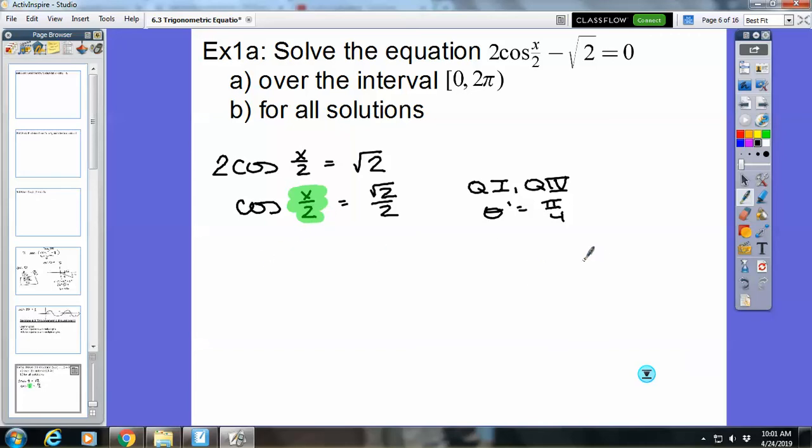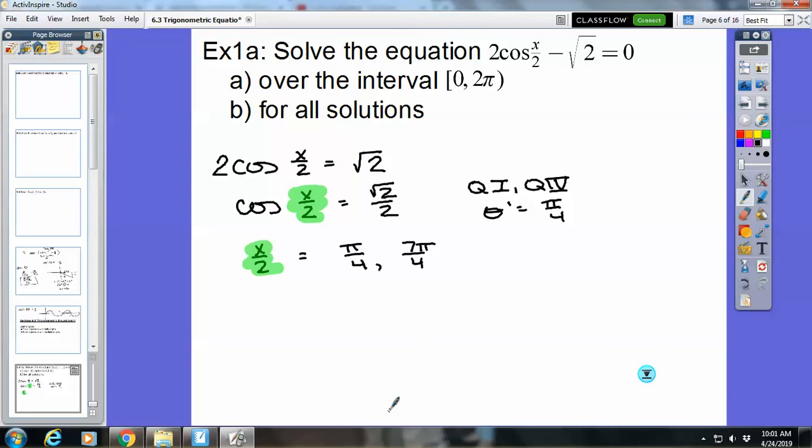Okay, so what that means, normally you would just write x equals and you were done here. My angle is x over 2, so it's going to be x over 2 equals pi over 4 in quadrant 1. Pi over 4 in quadrant 4, 7 pi over 4, plus 2 pi k.